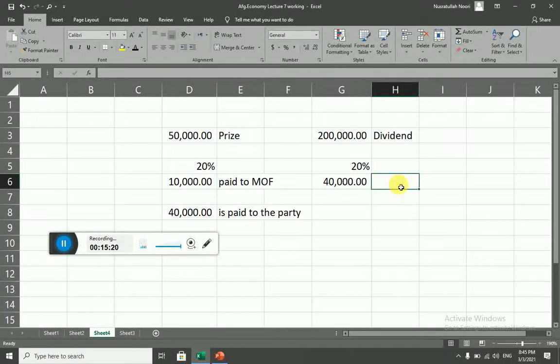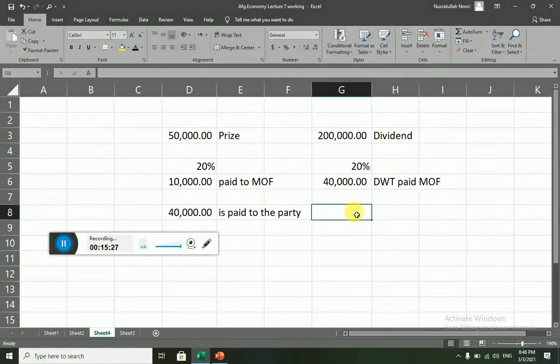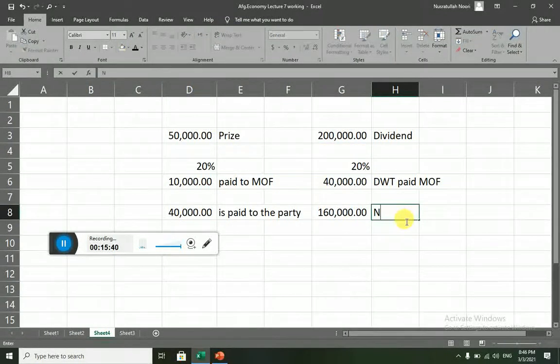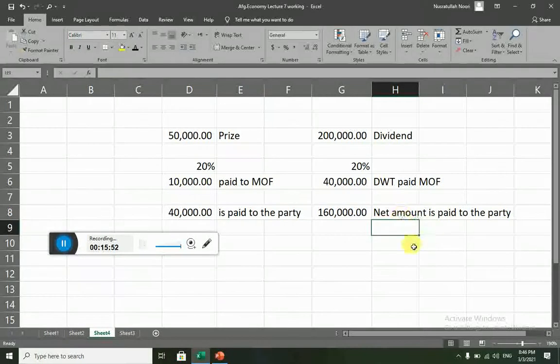This dividend withholding tax is paid to Ministry of Finance, and the remaining net amount, we'll have to deduct 40,000 from 200,000. The remaining net amount is paid to the party. So that's how to calculate the dividend withholding tax, right?